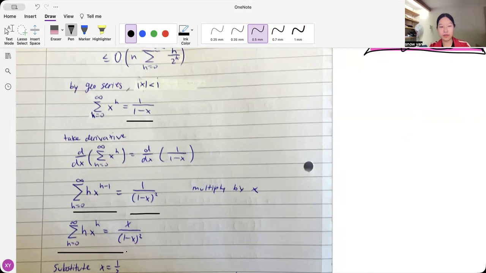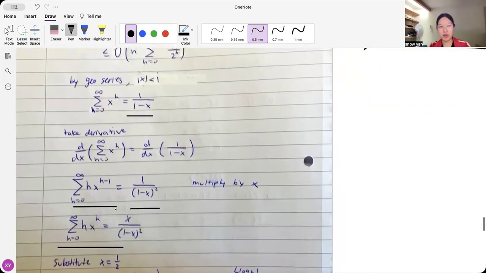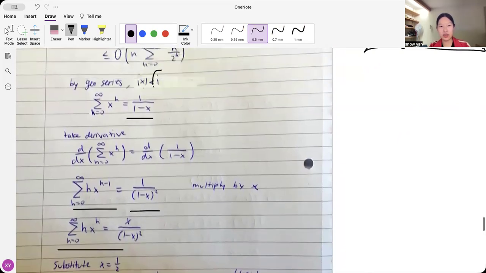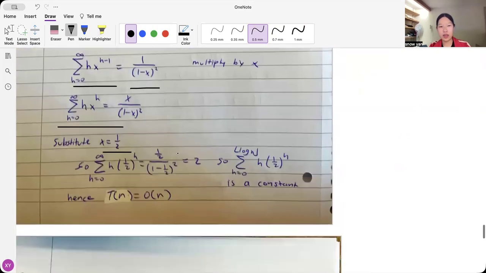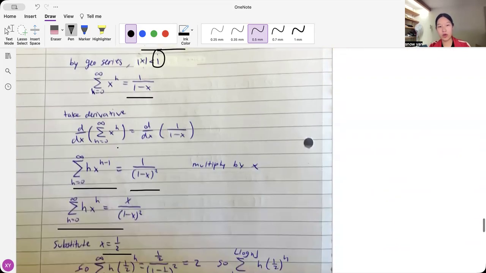In our case, we have exactly this form, except we substitute x to be 1/2, which satisfies this condition. Then this whole thing evaluates to a constant, 2. This goes from h equals 0 to infinity, so h from 0 to log n would still be a constant. Hence we extracted out an n, and the rest is a constant, so it's O of n.